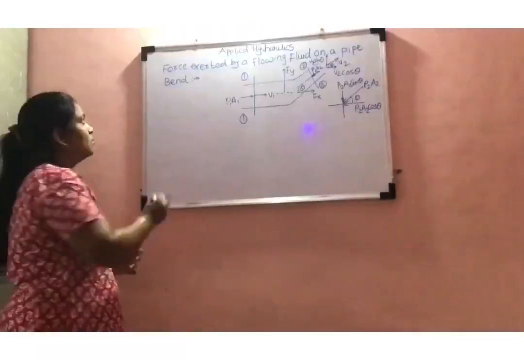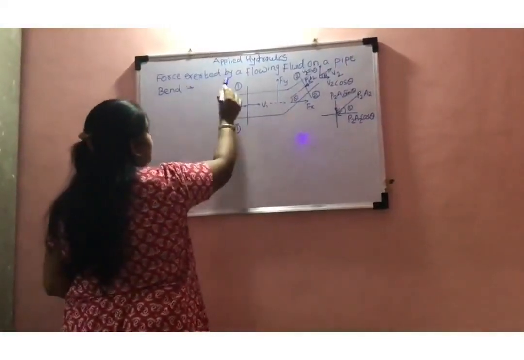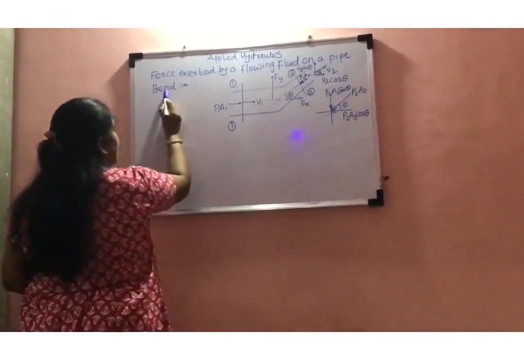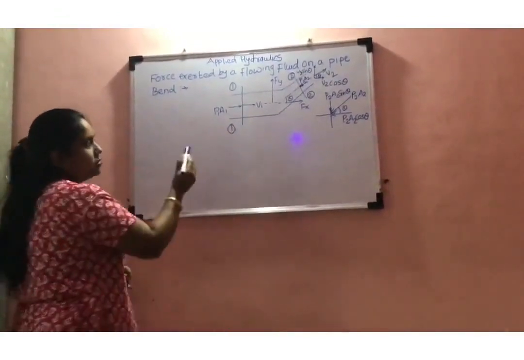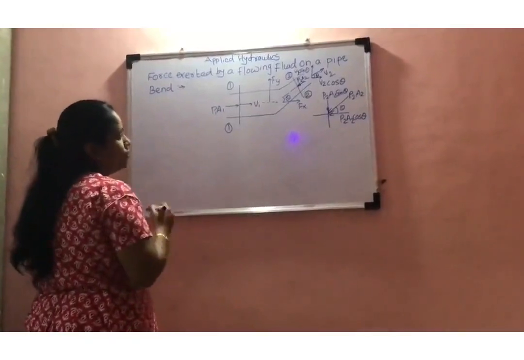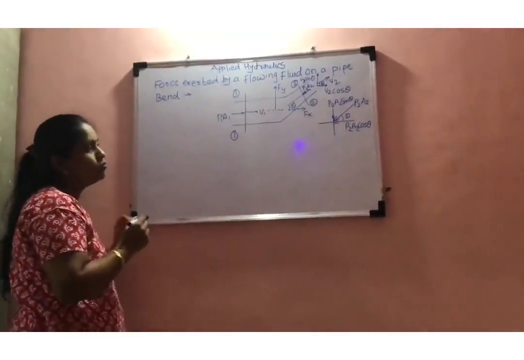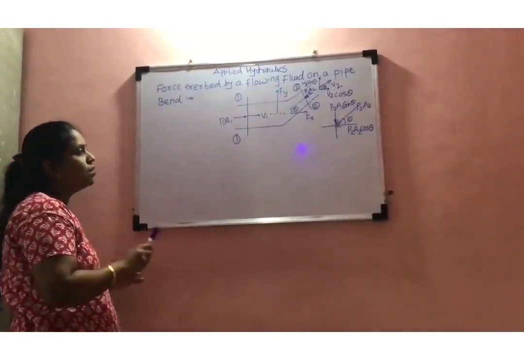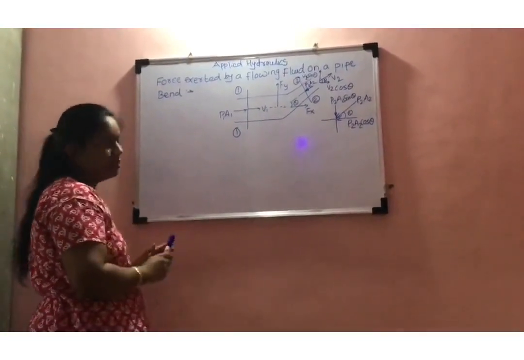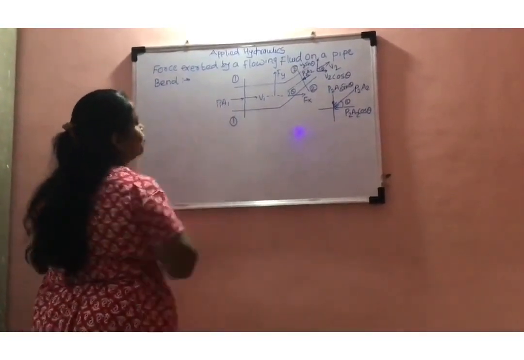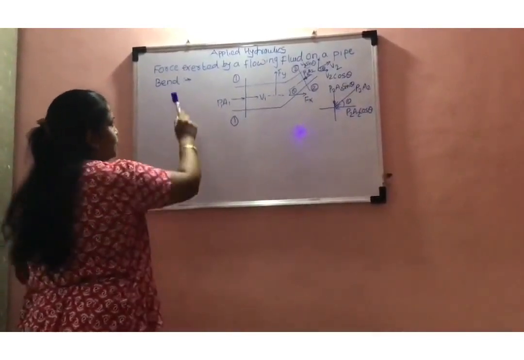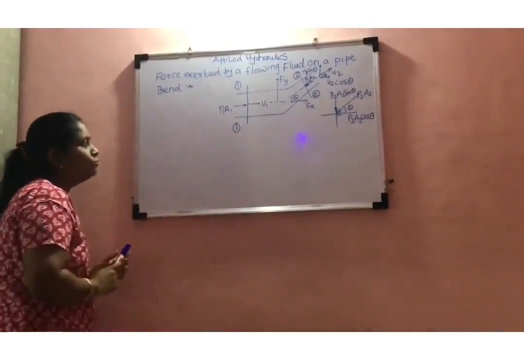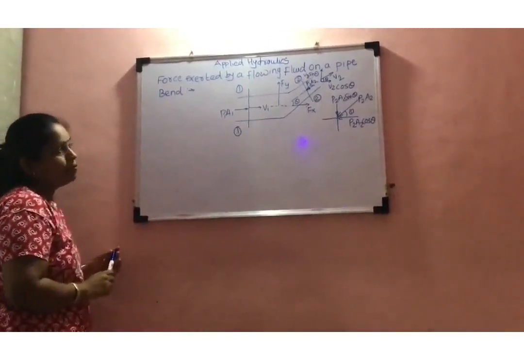Force exerted by a flowing fluid on a pipe bend. Last video we know the impulse momentum equation. By using that impulse momentum equation, we are going to derive this expression, means we are going to find out the force exerted by a flowing fluid on a bent pipe.